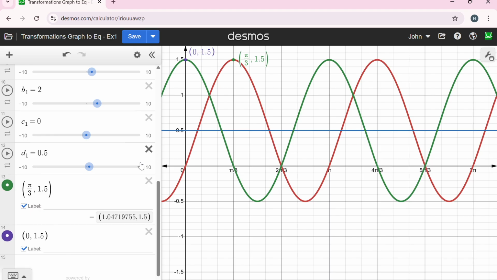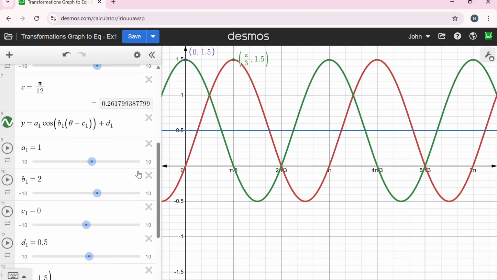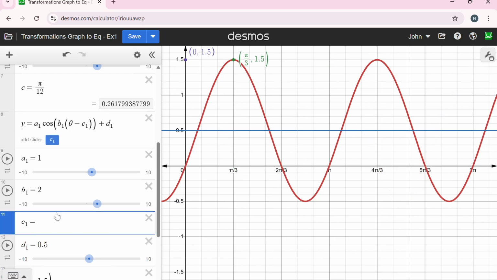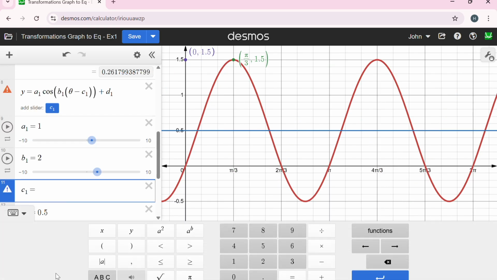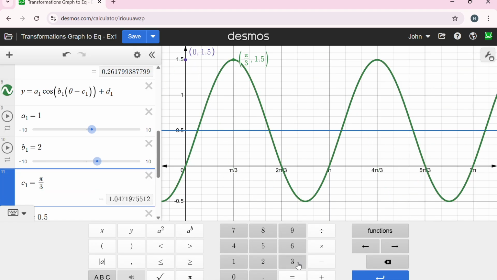So when I go back to my cosine graph, let's do a phase shift of pi divided by 3 units to the right, and what happens? Bingo.